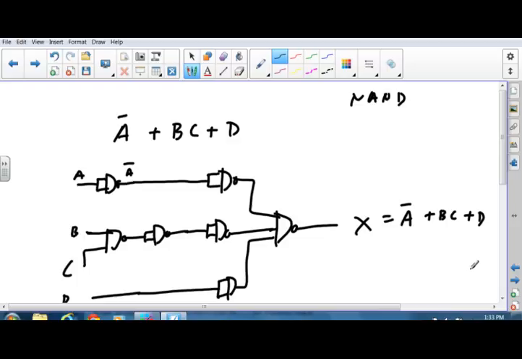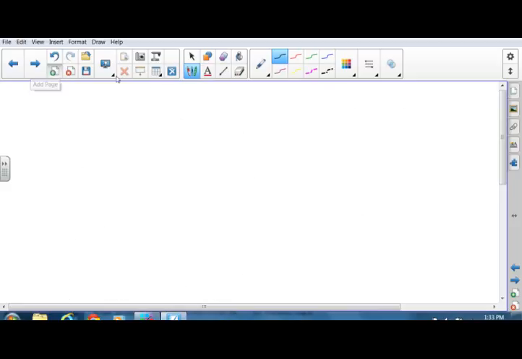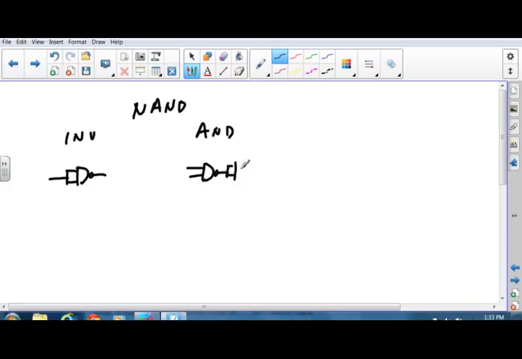What we're doing is we're saying if I'm going to only use nands, and that's for cost effectiveness, right? Yeah, it's for cost effectiveness. And so my inverter now looks like that. And my and now looks like that.